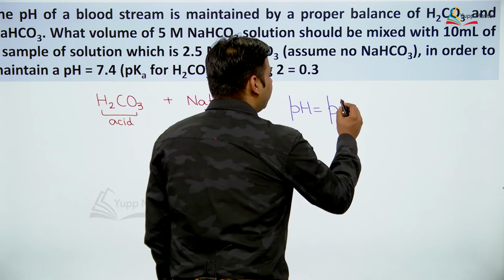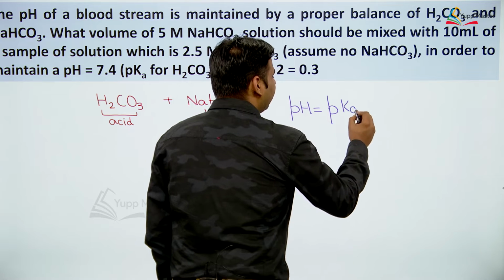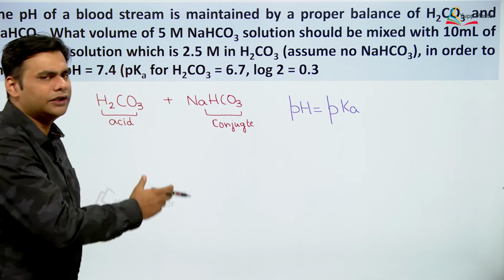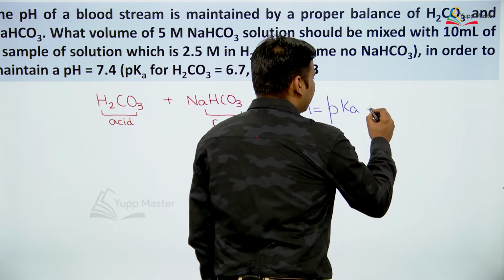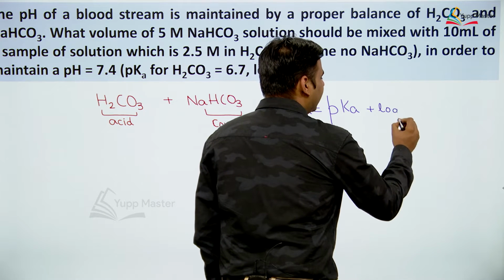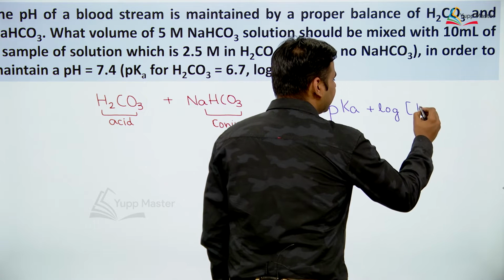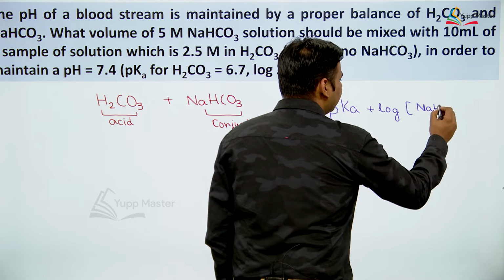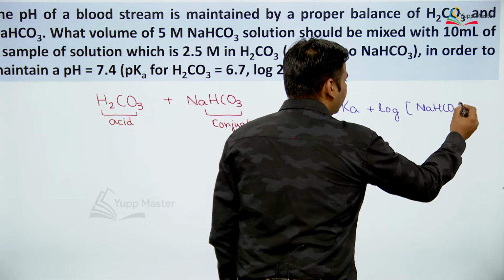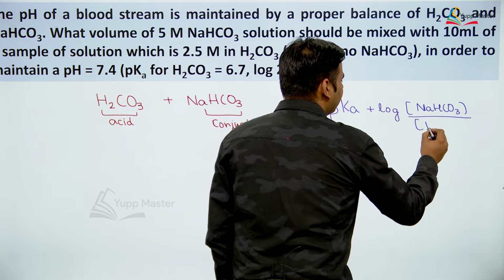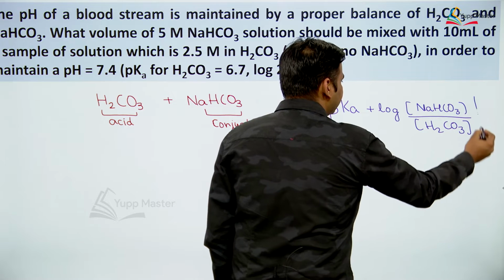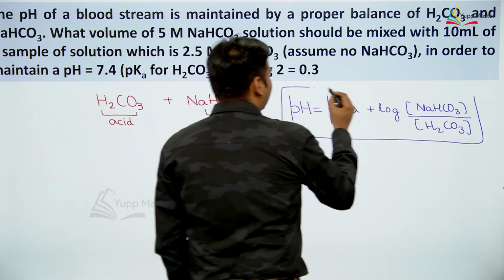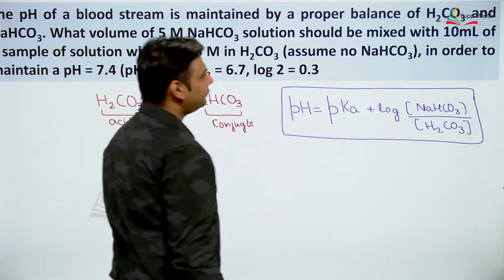So this is basically pH equals pKa1, but because no other value has been given, we will assume that this is the only pK1. Okay, so pH equals pKa plus log of the concentration of the conjugate, which in this case is NaHCO3, upon the concentration of acid, right.